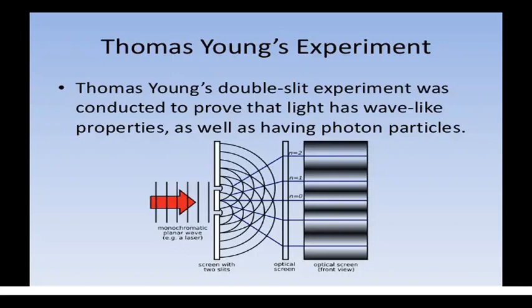Similarly, there are dark regions also, which are known as dark bands due to destructive interference. So bright bands or bright lines as well as dark lines can be seen on the optical screen due to constructive as well as destructive interference.